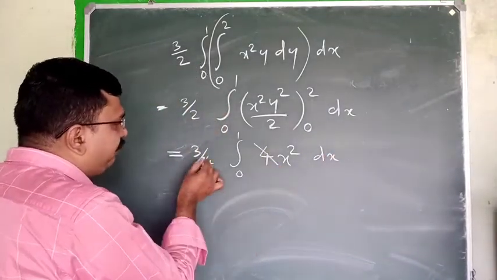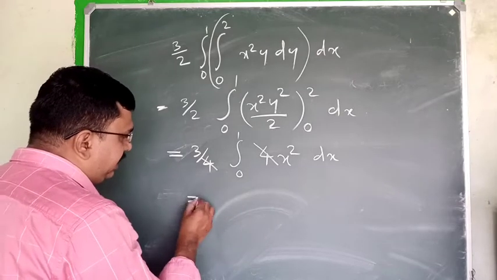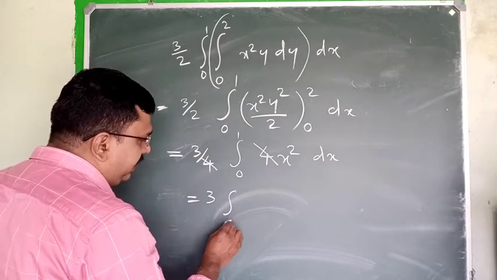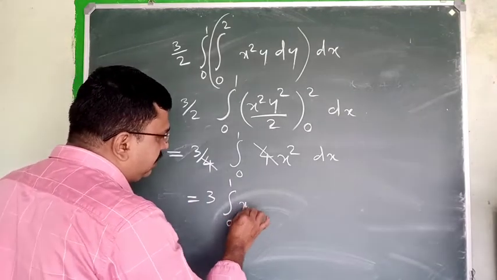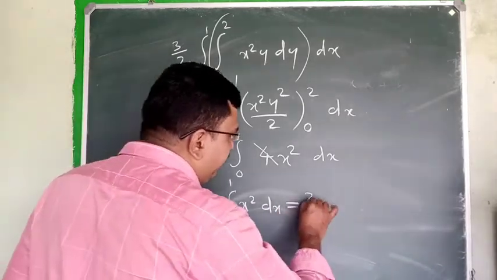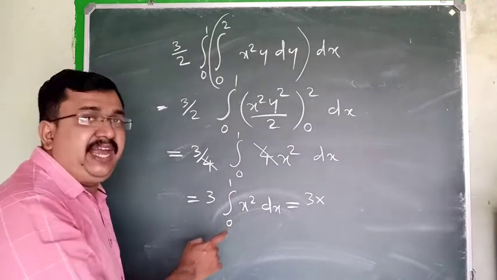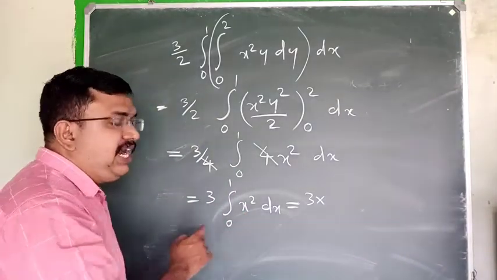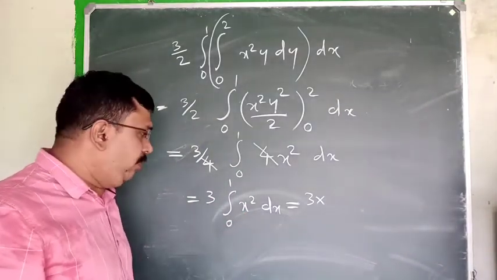This 4 and 4 cancel, and the remaining is 3 into integral 0 to 1 of x square dx. That is equal to 3 into the integral of x square, which is x cube by 3.